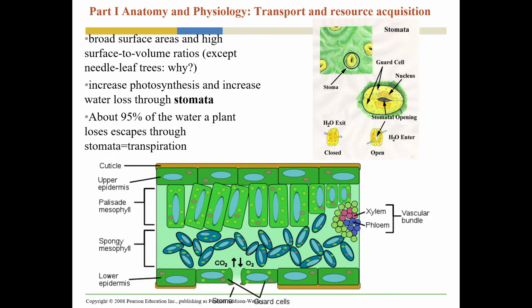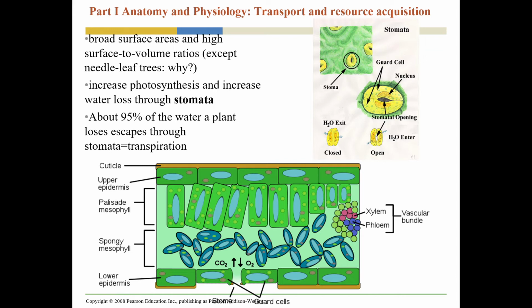As far as transport and resource acquisition, a little closer look at the leaves here. Now on the surface of the leaf, you have what are called stomata. And what stomata are, they're basically openings or pores in the leaf that are sided by two guard cells.